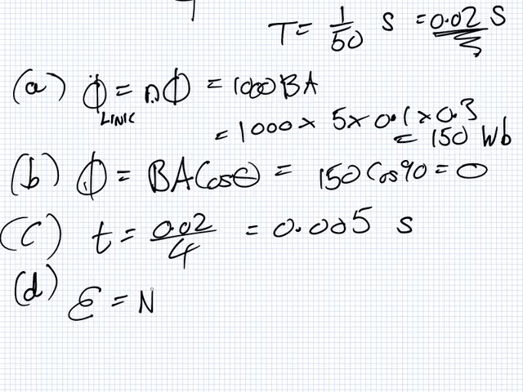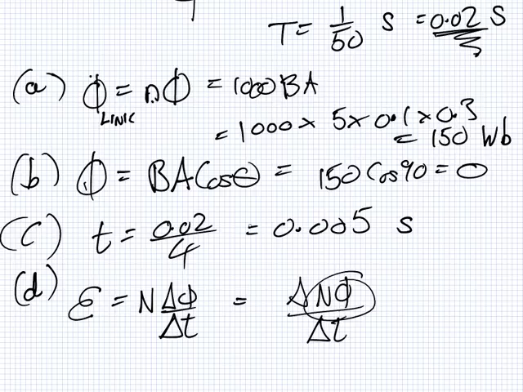I don't need to put the N in this time, because the N is already in the flux, because I put the N here at the start. So if I put the N in again, I have it done twice. The N has already been introduced at the start in my calculation of multiplying by 1,000. So there's no need for the N again, it's already in the flux calculation.